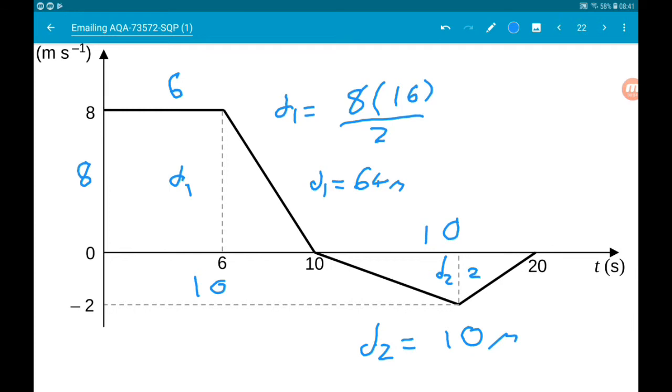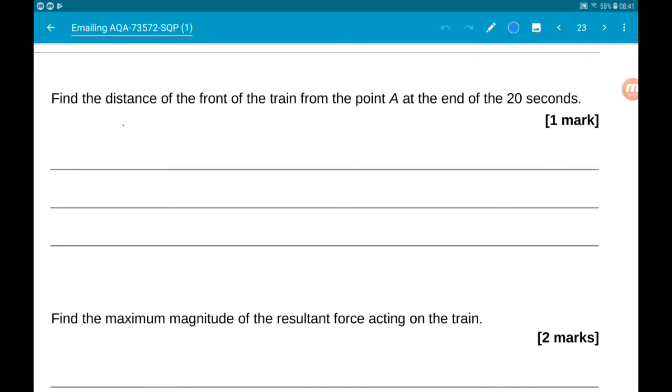So in the first 10 seconds, the train moved forward, and the distance it went forward is 64 meters. Then, when velocity is negative, the train is going backwards. So it went 64 meters forward and then 10 meters backward. So it's 64 meters minus 10 meters, which is 54 meters.